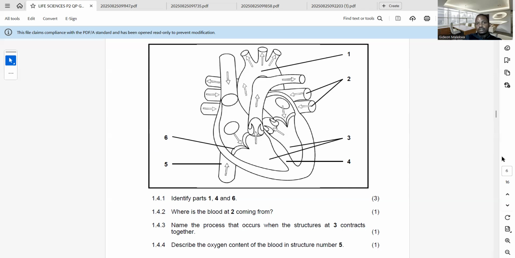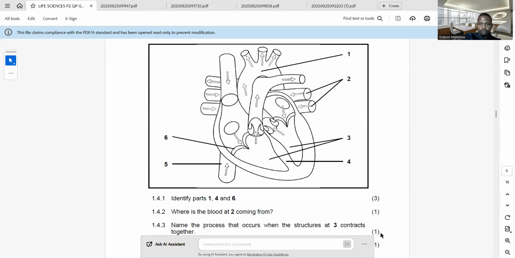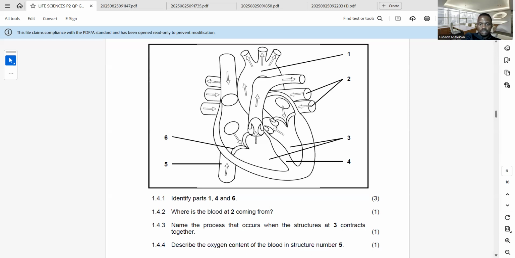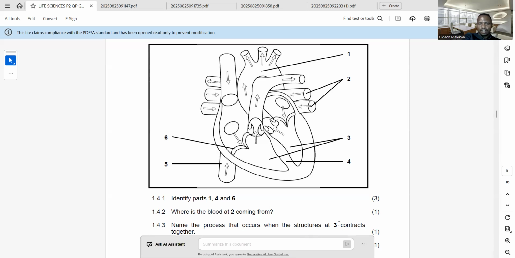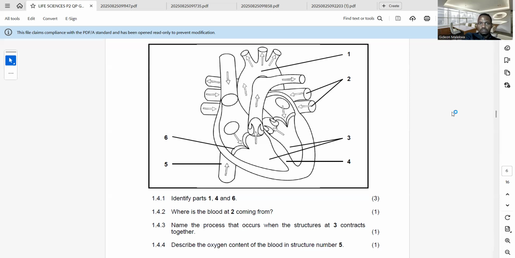In terms of the aorta, it has a high level of oxygen. It is carrying blood that has just come from the lungs to the rest of the body so that the body can be supplied with oxygen and nutrients. So the direct answer for 144 is that it has a low level of oxygen.